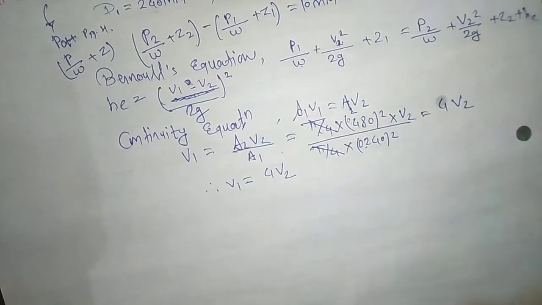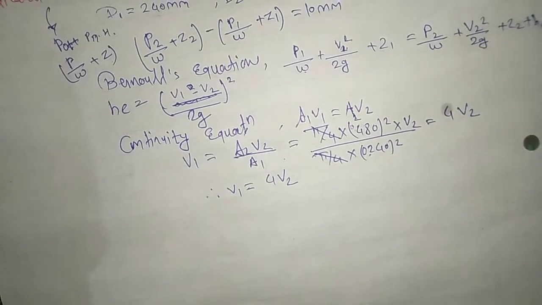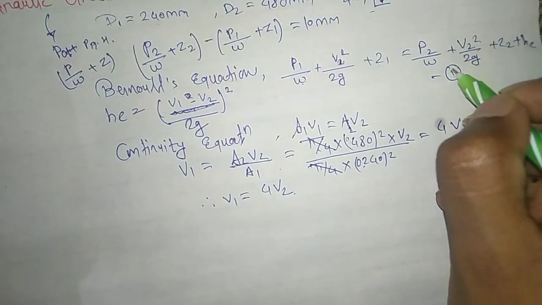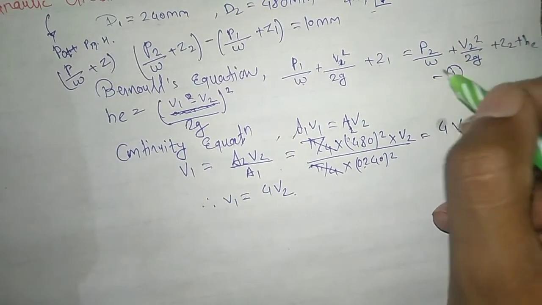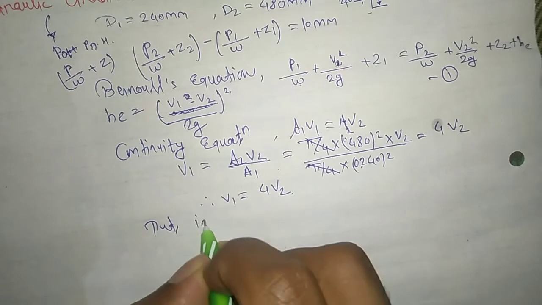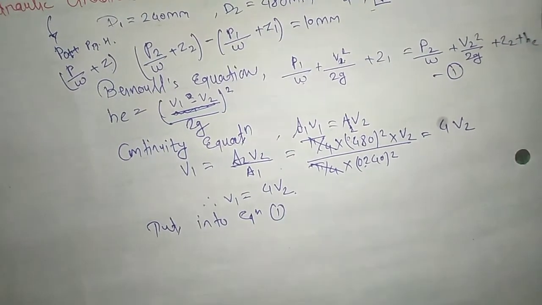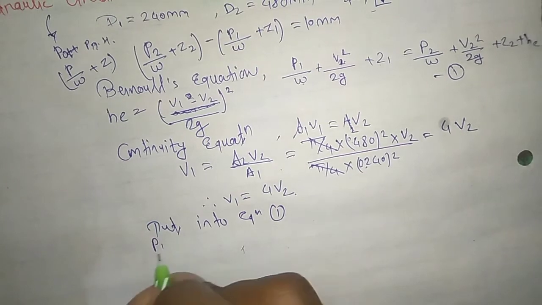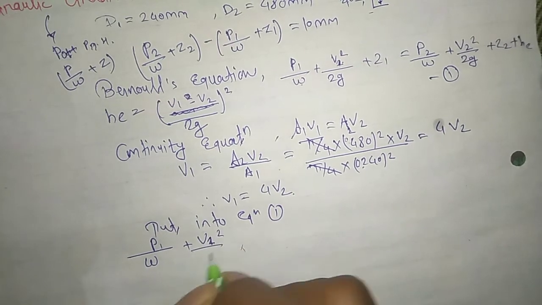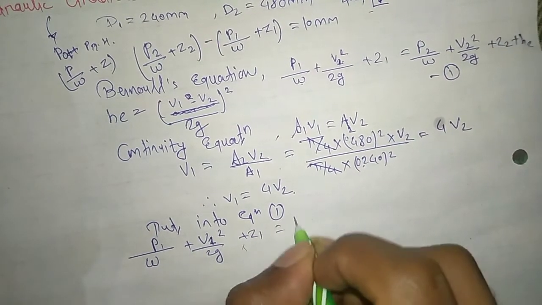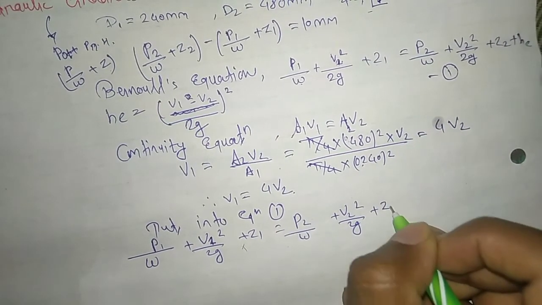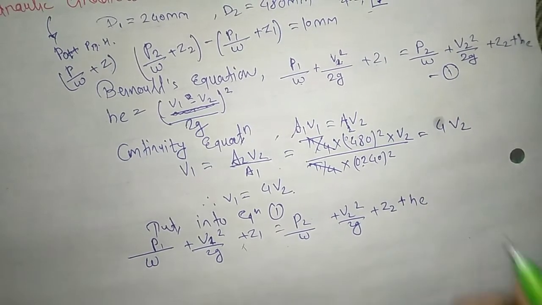We will put this value in the Bernoulli's equation, that is equation number 1. So putting into equation 1: P1 by W plus V1 square by 2G plus Z1 equal to P2 by W plus V2 square by 2G plus Z2 plus HE.